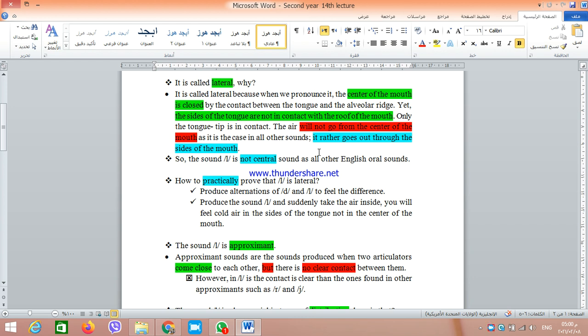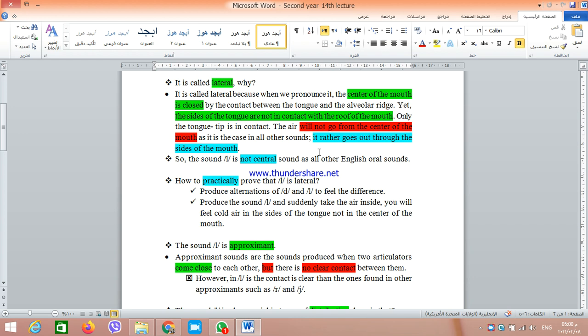If we try now pronouncing a long la, maybe we can feel that there is no air flow coming out through the center of the mouth. You can feel that your tongue is in touch with the alveolar ridge, but the sides are not. Now, to make sure that this sound is a lateral one, you can say a long la, then take the air inside the mouth.